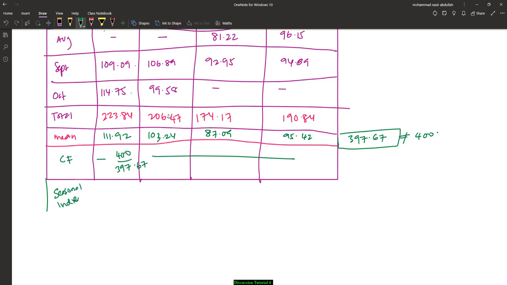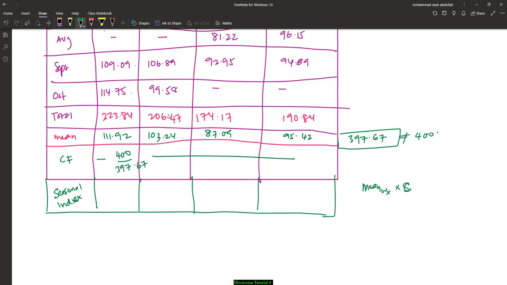Ini yang dia nak kita cari ni. So our seasonal index will be mean for each week, right? Multiply with correction factor. Right.